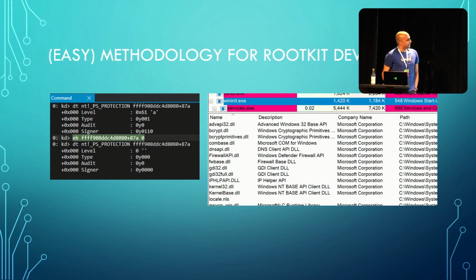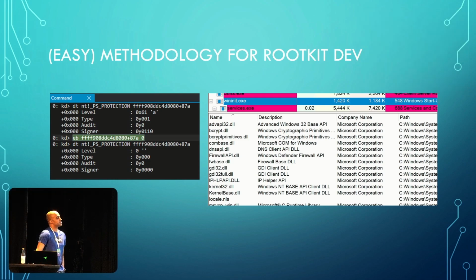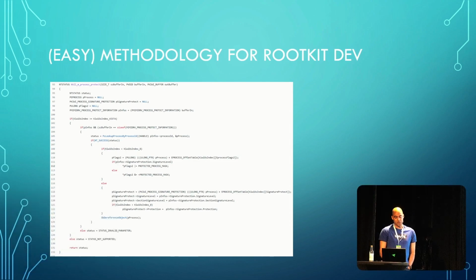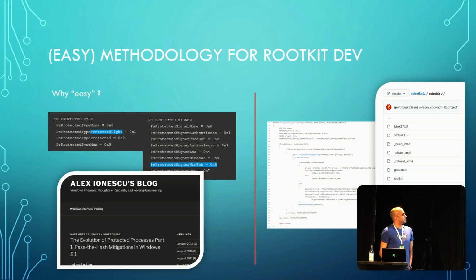Now, if I edit that byte on WinDebugger to 0, then all of a sudden, as you can see on Process Explorer, I can now see all the DLLs and inspect its memory because it's no longer a PPL. Now, all I have to do is write the code, and off we go. Why am I saying this is easy? The reason it's easy is because the reverse engineering has been done by one of the best in the business, Alex Ionescu.